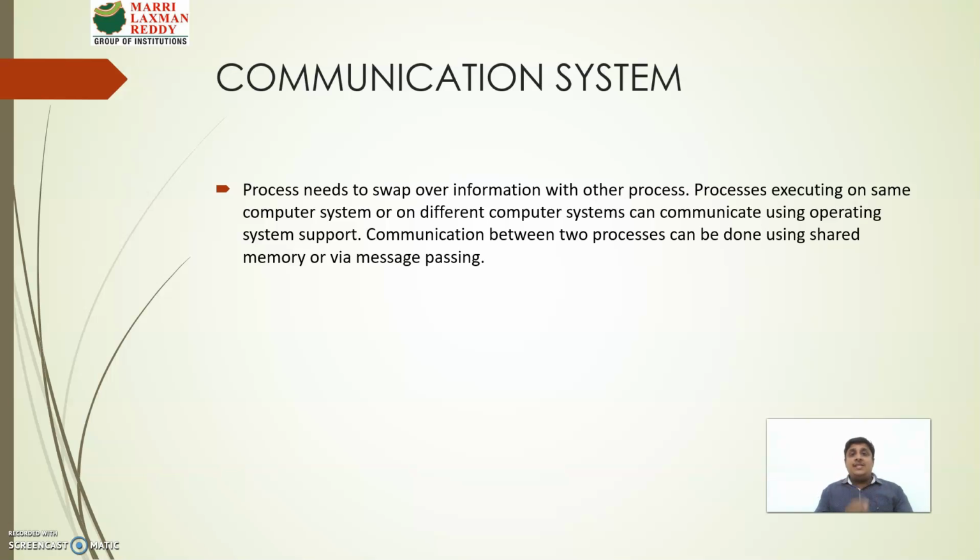So the operating system should provide a proper communication system among the systems or among the devices. There shouldn't be any loopholes when there is intercommunication happening among the systems. So this is about the communication system.